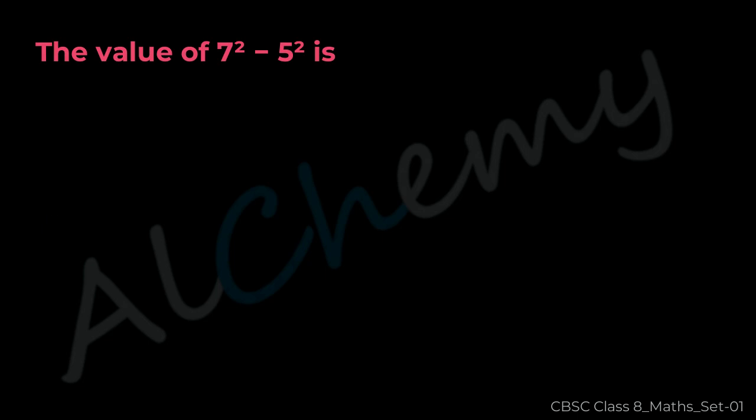Question 27. The value of 7 superscript to 5 superscript 2 is A 24, B 14, C 12, D 49. The correct answer is A, 24.